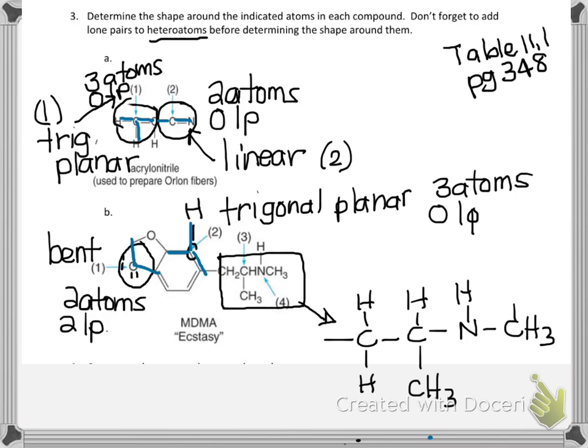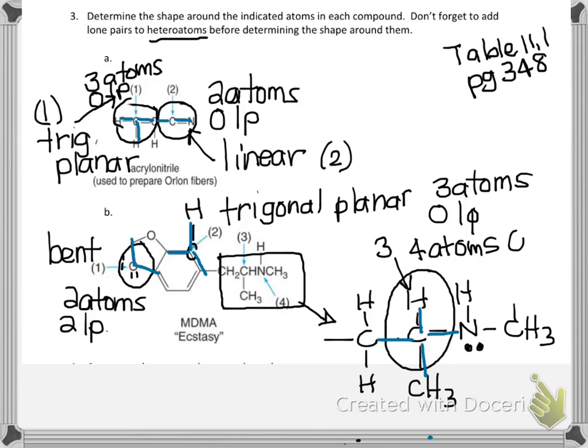And on my N, I would have to have a lone pair. So number 3 would be looking right at this carbon right here. When I look at this carbon, it's attached to 4 atoms and 0 lone pairs. So number 3 is tetrahedral.